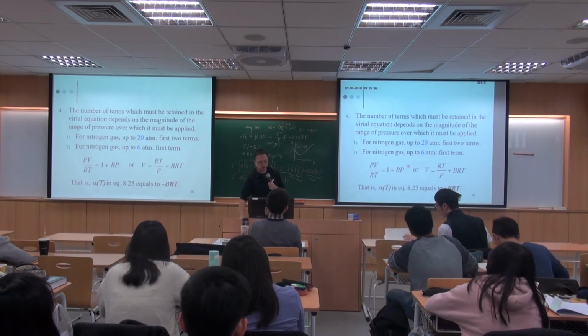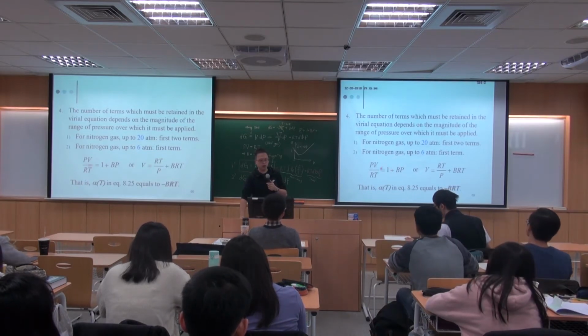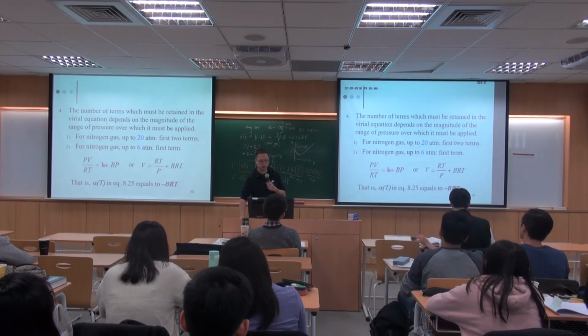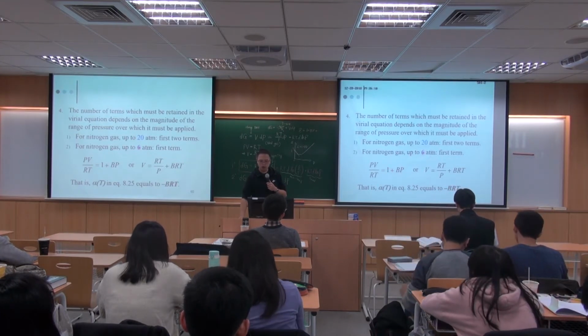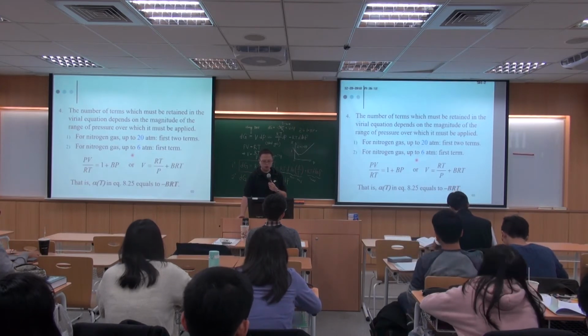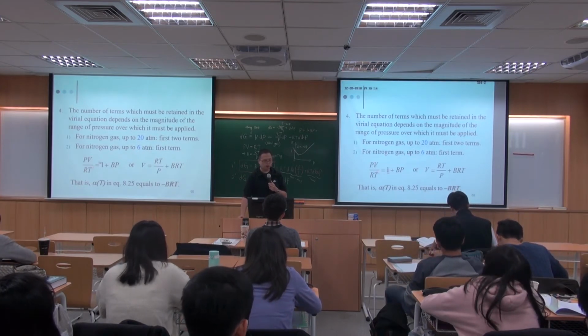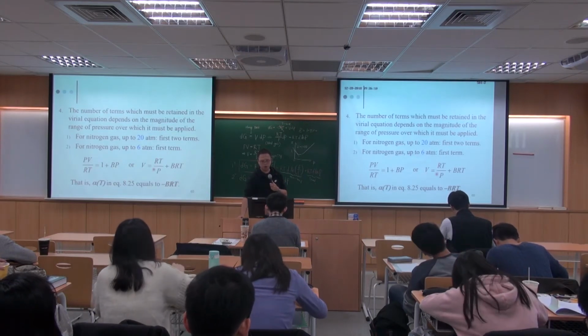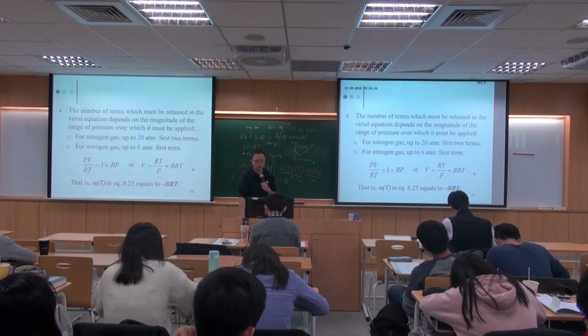So in the case of nitrogen, you only need the first term, and this is a constant term when you're at low pressure. So if you move terms around, the volume can be expressed as RT over P plus BRT.